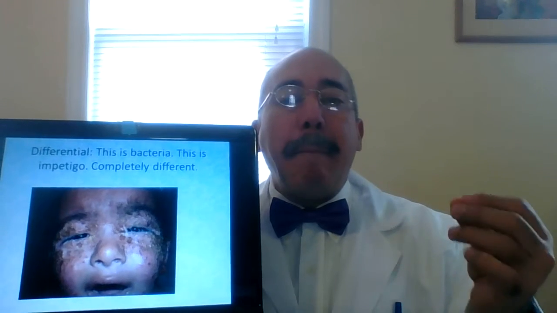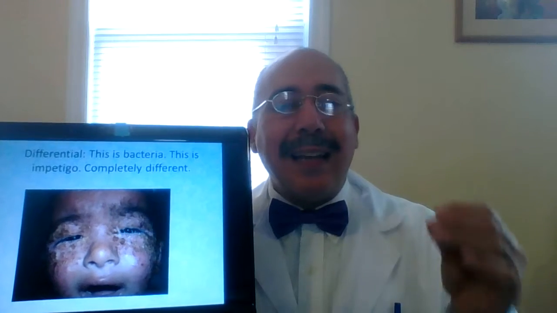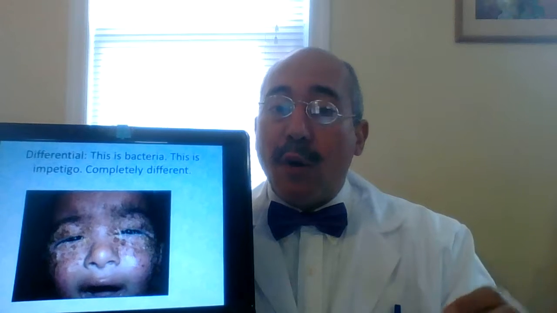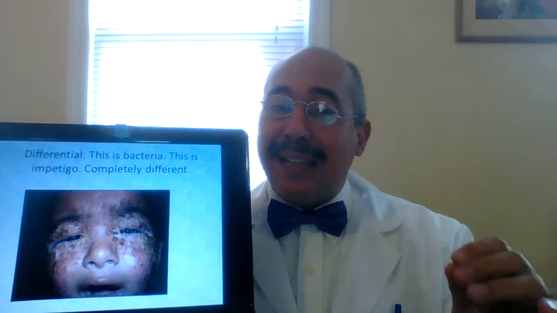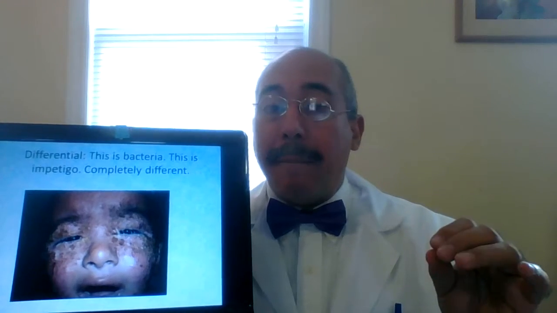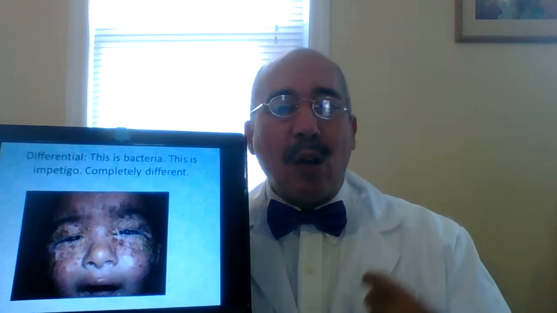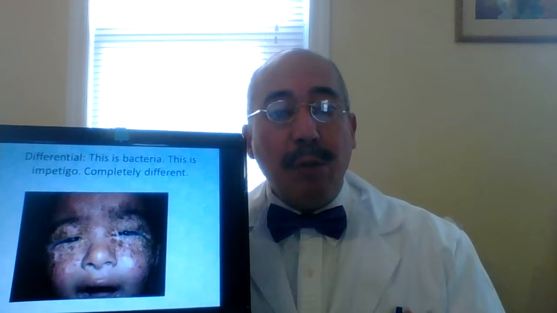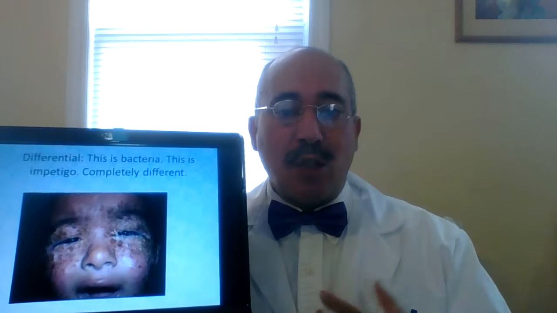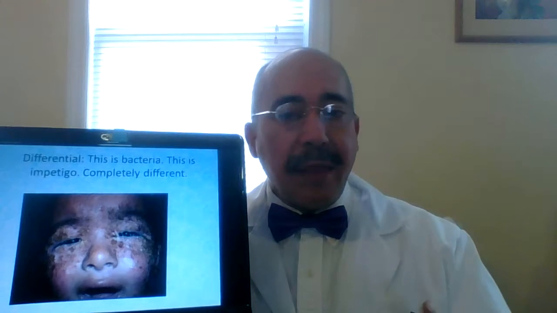This is called impetigo. Whenever we have impetigo, this is a bacteria. This is Staph aureus, or sometimes it has a component of beta hemolytic Streptococcus. This is a serious bacterial infection because it is the type that can go to the heart, produce some autoimmune disease, and produce some heart valve disease, like mitral stenosis, something serious.